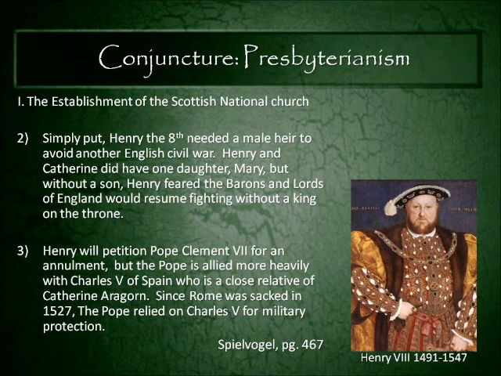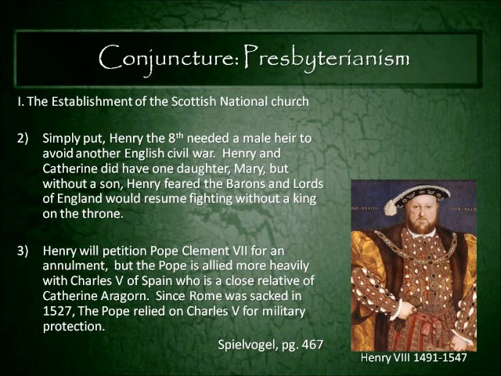And Henry is going to fear that the moment he dies, the barons and the lords of England are going to resume their fighting because, hey, there's an empty throne and who's going to fight us for it? Mary? Catherine? And so, in short, the English king, Henry VIII, is going to be asking the question, how do I secure my throne?